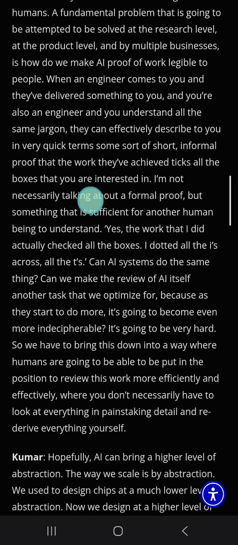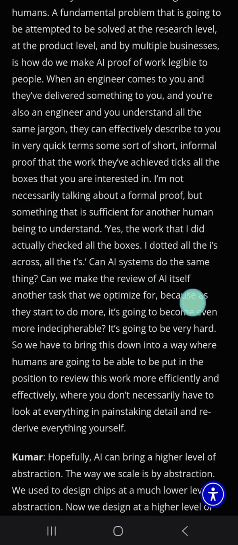I'm not necessarily talking about a formal proof, but something sufficient for another human being to understand that yes, I actually checked all the boxes and dotted all the i's. Can AI systems do the same thing?